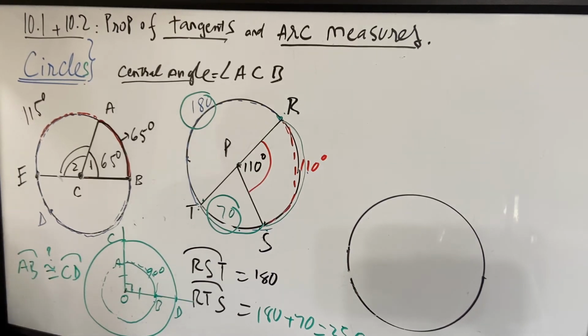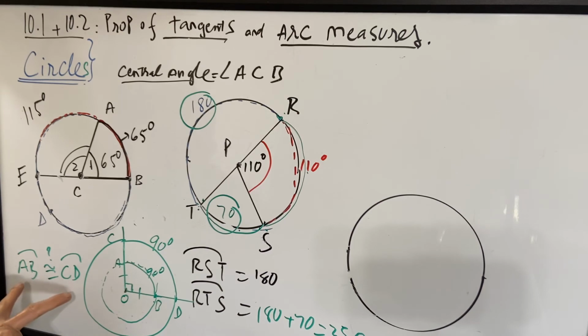That's a very good question. It's also a tricky one. If you compare arc AB and arc CD, you would say, well, Mr. Dang, arc CD is also 90 degrees. You are right.